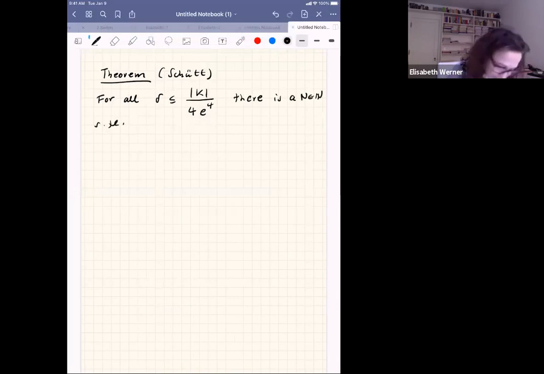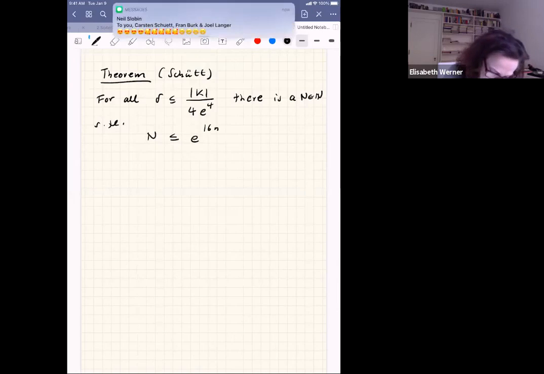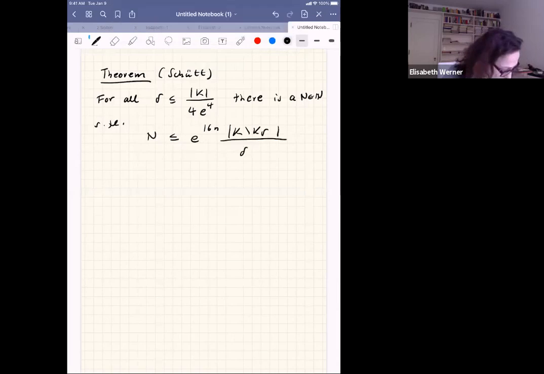we'll have an estimate for this natural number N. This is the number of points that we can choose before the process finishes. So that for all N, the number when the process finishes, the number of points we can choose, is smaller or equal than e to the 16n, the volume of K without K delta, divided by delta times the volume of the Euclidean unit ball.